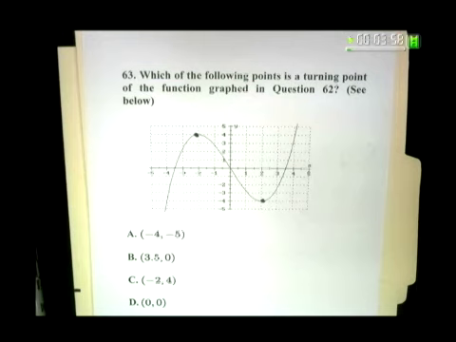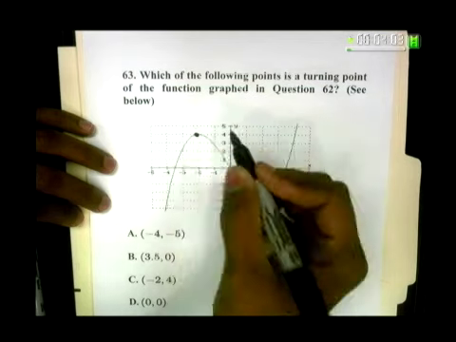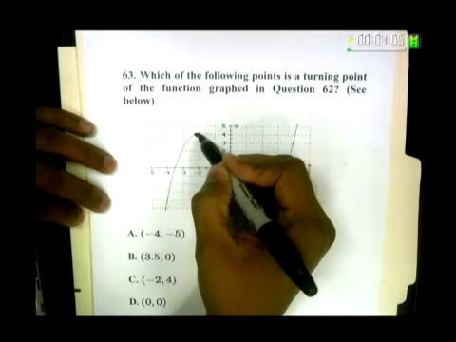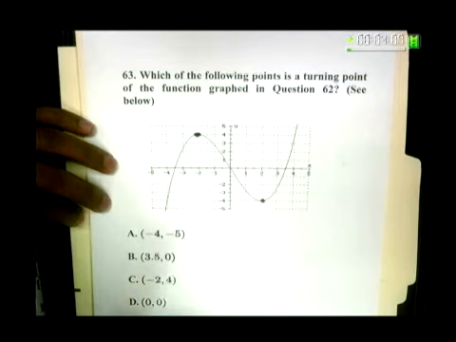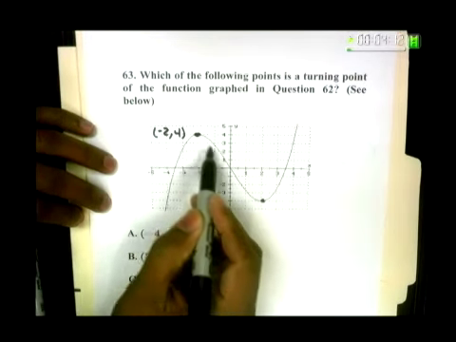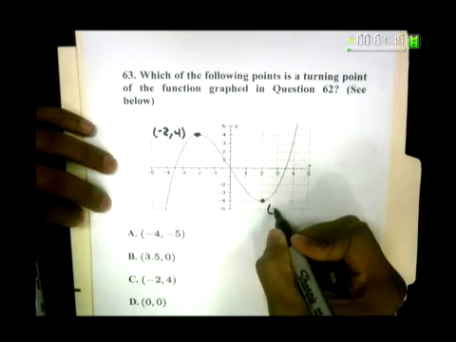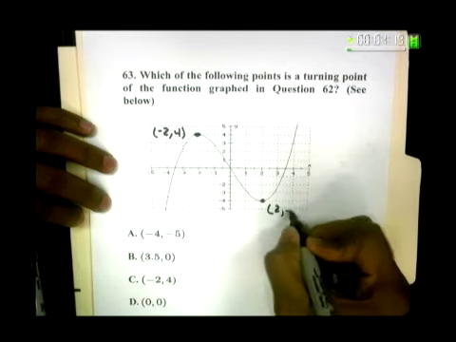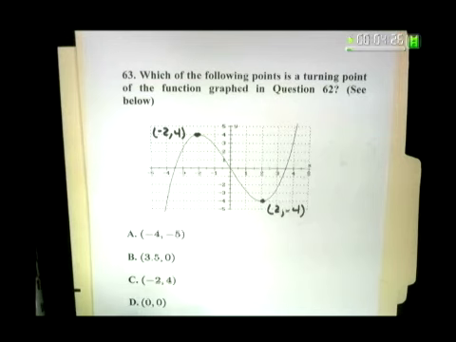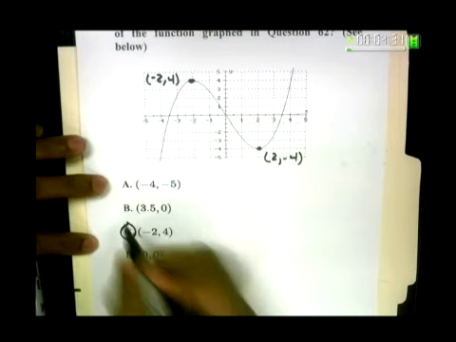This graph is increasing until it gets to this point up here, which looks like negative 2, 4. Then it's decreasing until it gets to this other turning point down here, which would be 2, negative 4. So the answer would be C, negative 2, 4.